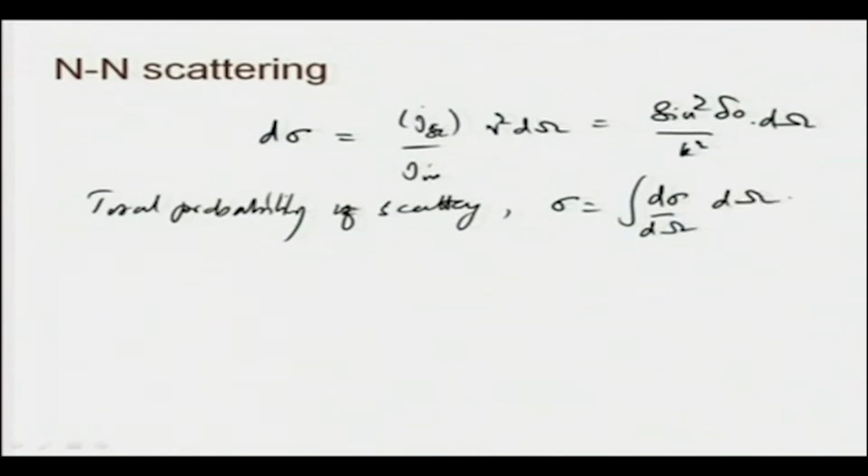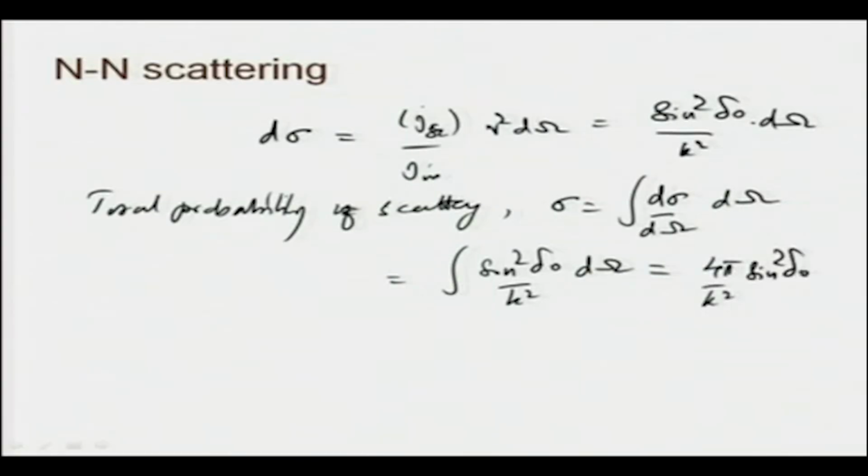That is essentially equal to the integral of sin square delta 0 over k square d omega, and since this integrand does not depend on theta or phi, we have 4 pi over k square sin square delta 0 as our total cross section.